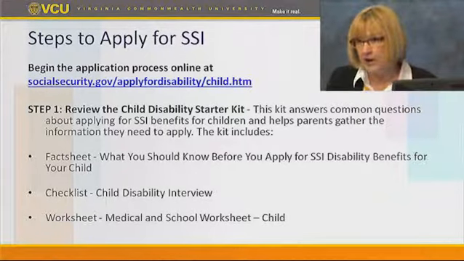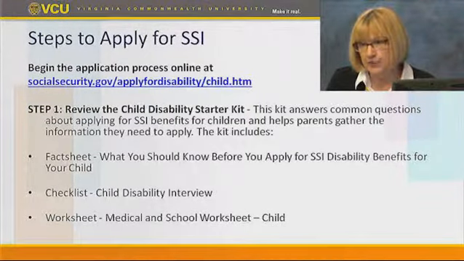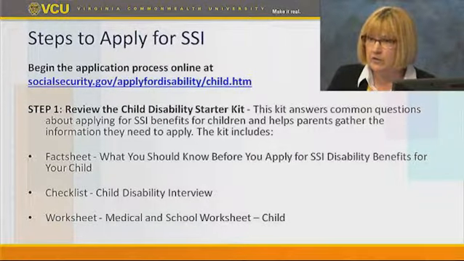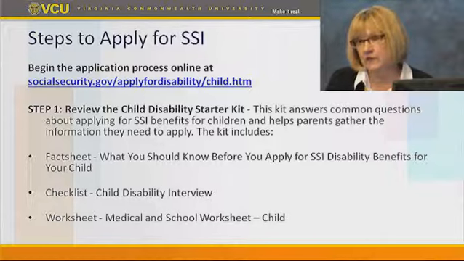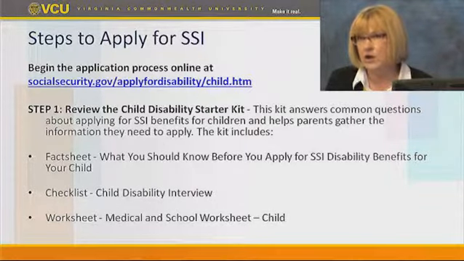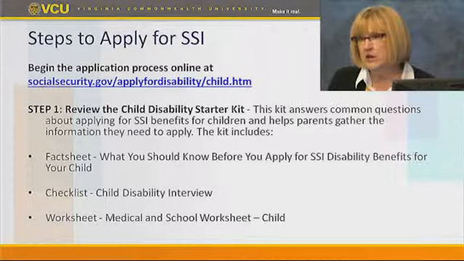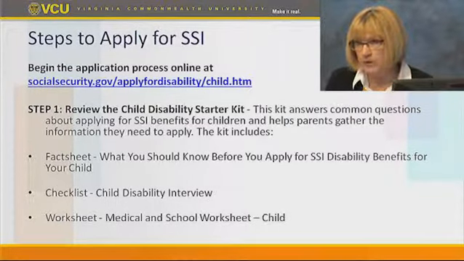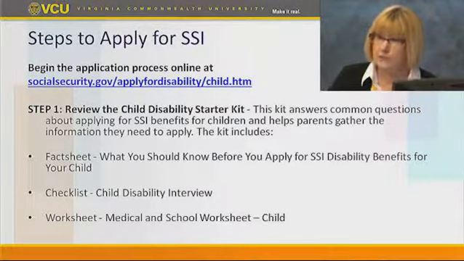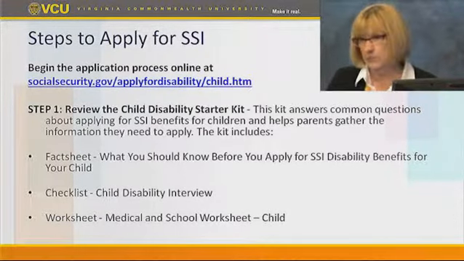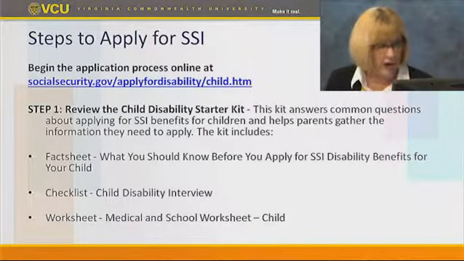There's a wonderful checklist that goes through the child disability interview. If you read the checklist, when you go in to apply, you'll be prepared for the questions that the Social Security employees are going to ask. You'll also be prepared for the documentation that you either need to bring to that initial appointment or that you need to provide the contact information for the doctors, the teachers, any disability professional that might have some information to share about the child.